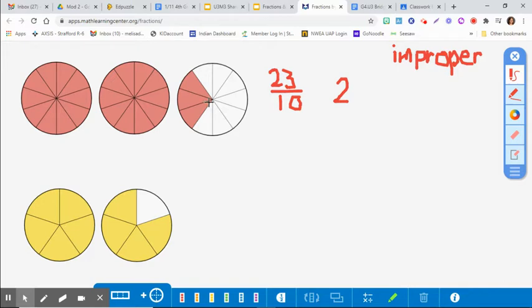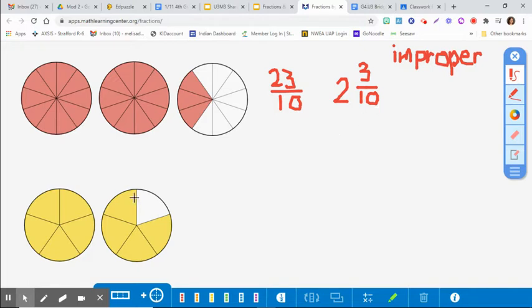It's not all gone. How many pieces are actually gone from it? 1, 2, 3. So that's our top number, our numerator. The bottom number is still going to be how many sections was your pizza divided into, and it was 10. So our two possible answers here then are 23 tenths, which is an improper fraction, and 2 and 3 tenths, which is a mixed number.